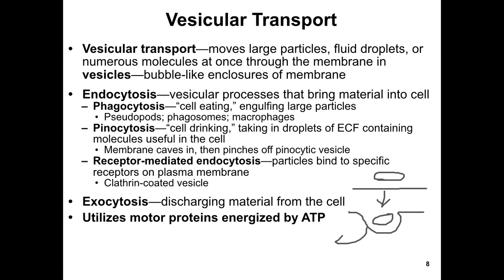And then that bubble kind of closes off, and then it just sort of blorps free, and you end up with a bubble of membrane surrounding whatever it was that you just ate. So a bacterial cell, in this case.